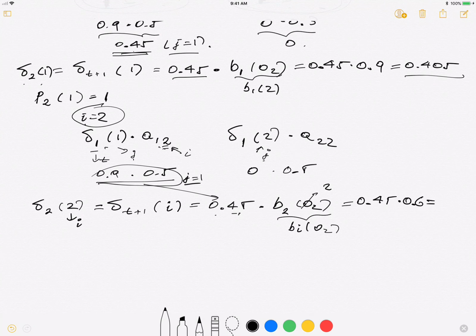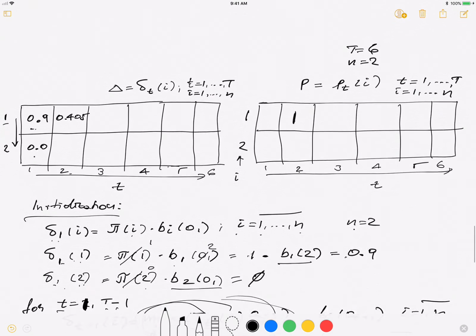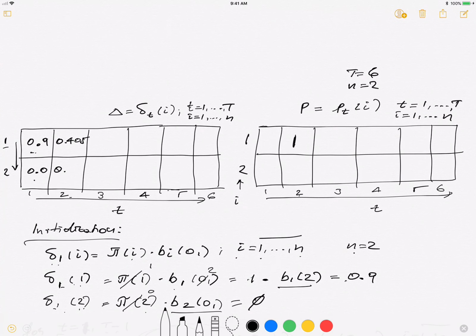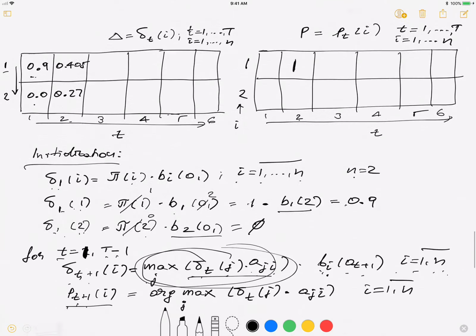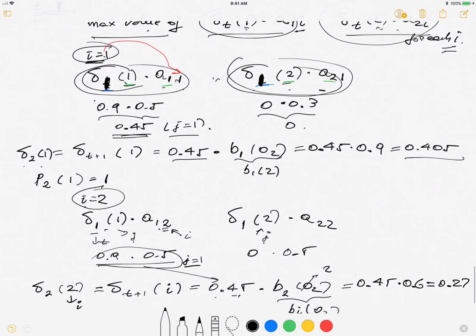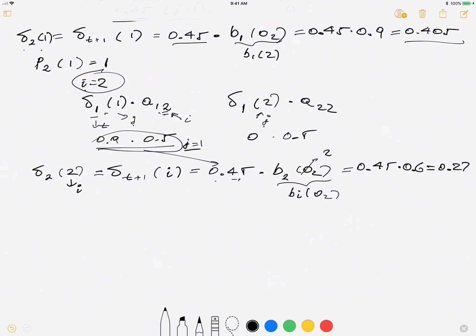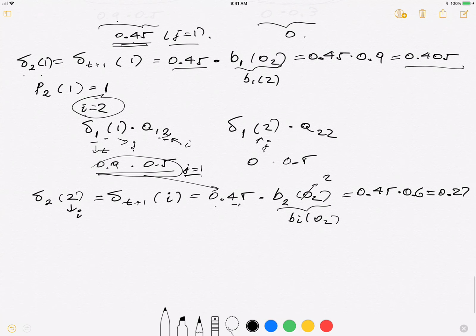And the product of these two was 0.27. So delta 2 will be 0.27, and this was achieved for j equal 1.